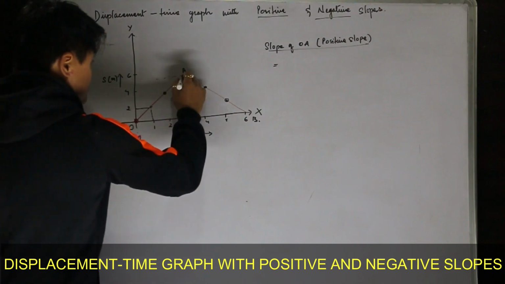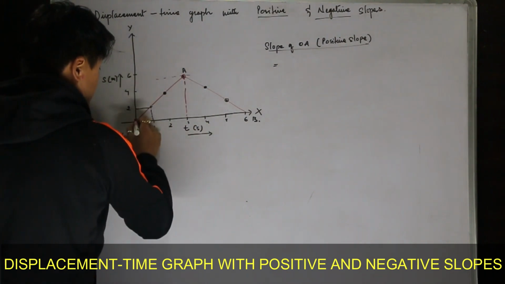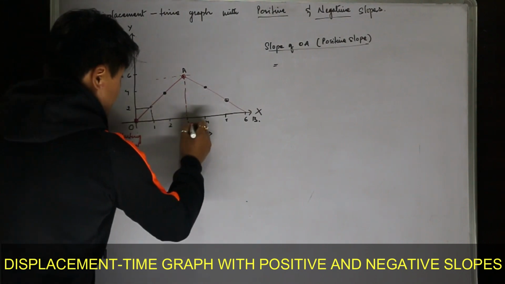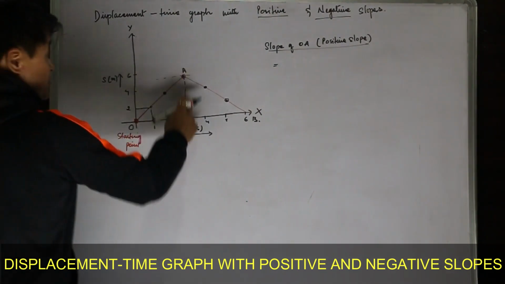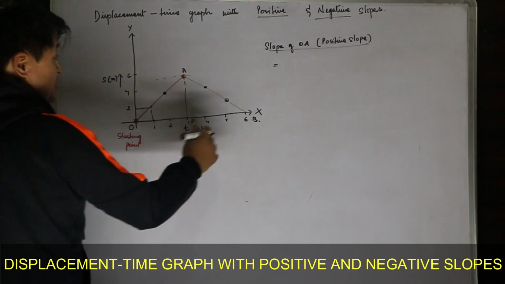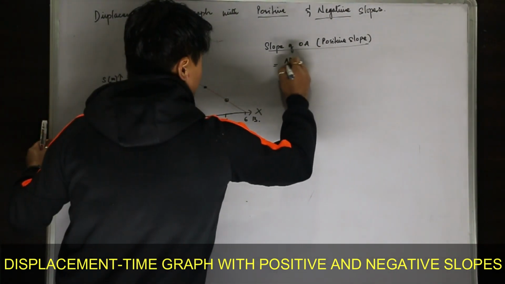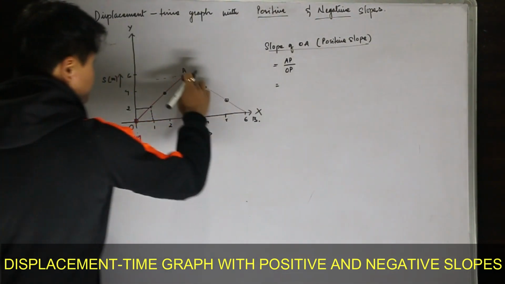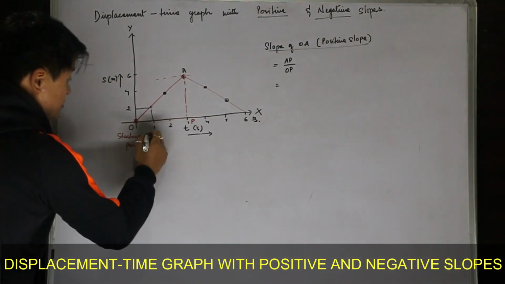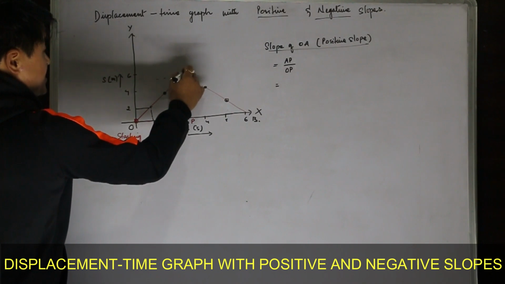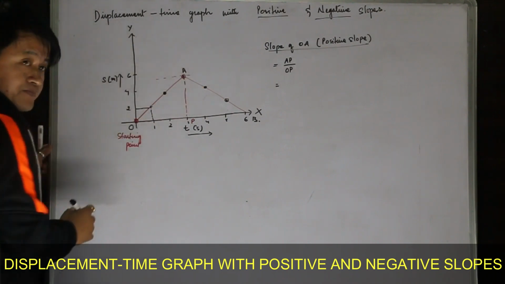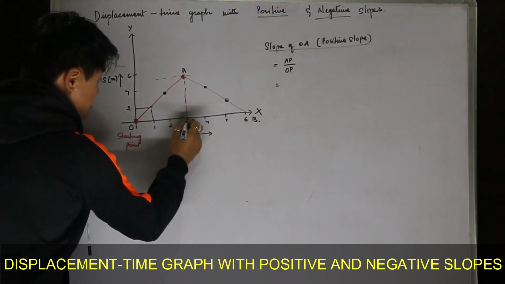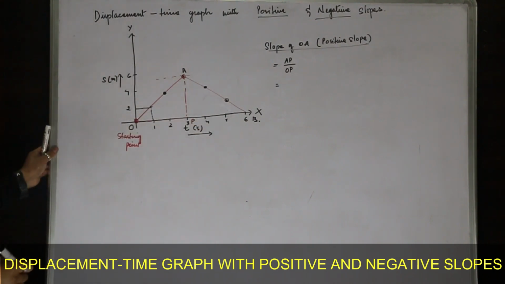So from here we will draw the perpendicular line, and from here draw the horizontal line. So this we consider as P. The slope of OA will be AP upon OP. AP is how much distance? AP from here to here. What is the total distance? 6 meter, and how much time is taken for the 6 meter?